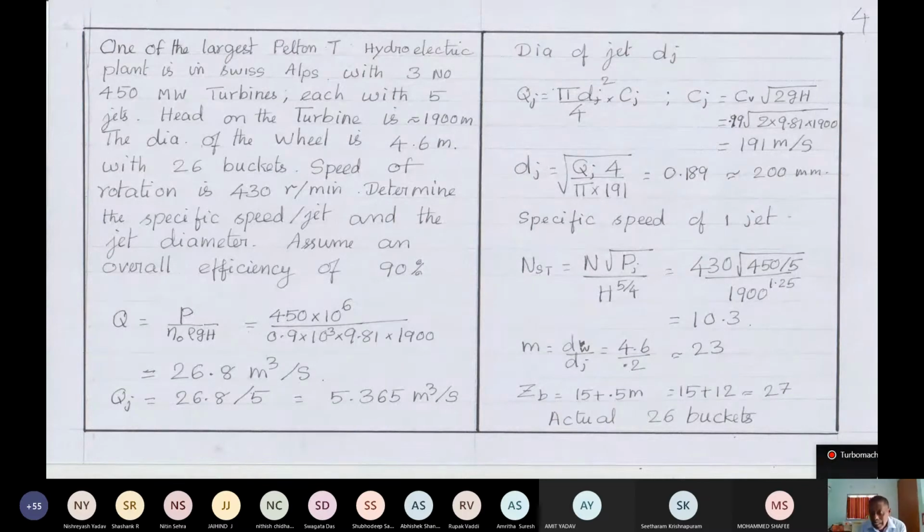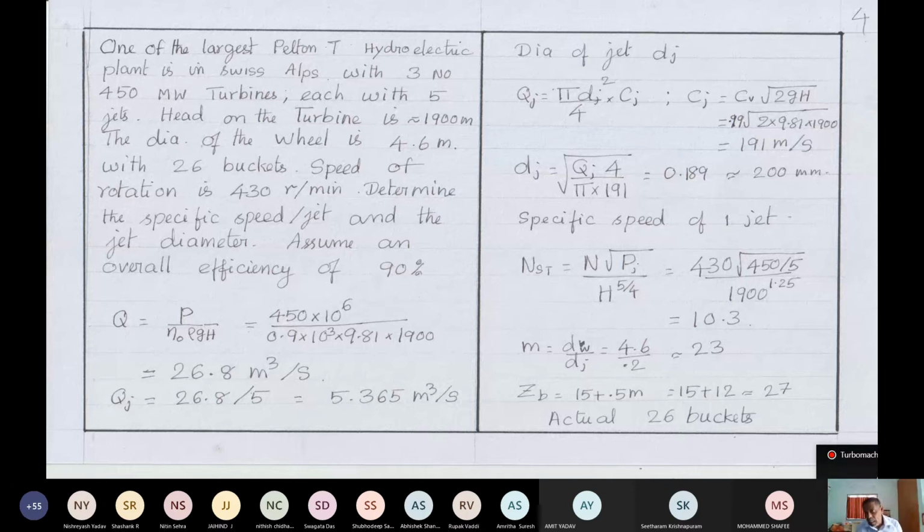So around 200 meters per second means 720 kilometers per hour. Is it not a high velocity? Okay. So some of the smaller aircraft fly in that speed only. Okay, very high speed.